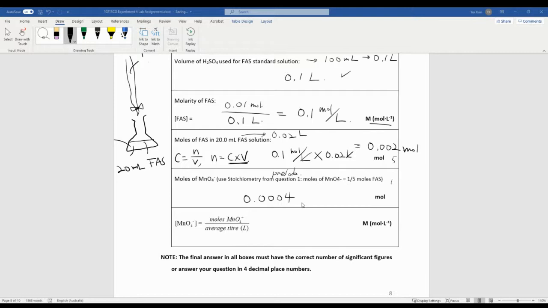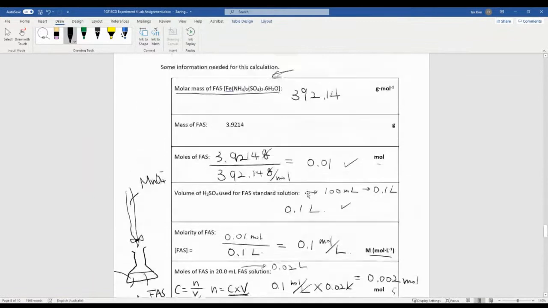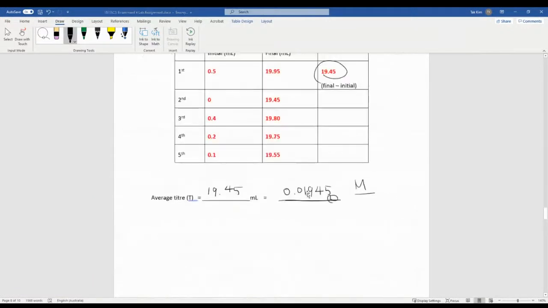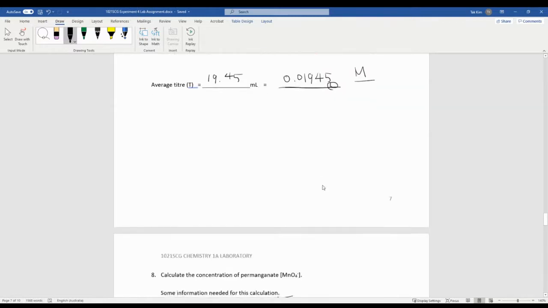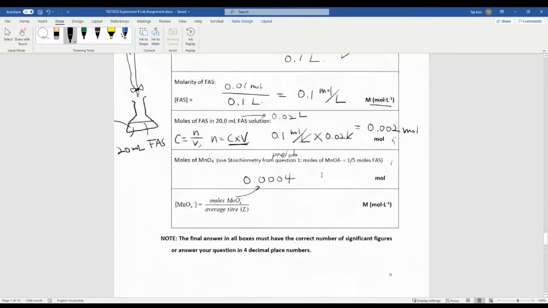To do it, you need the number of moles of permanganate, which is right over here, and then the volume, which was from the average. Over here I have close to 20 mL, but the actual amount I have is 19.45 mL, which is 0.01945 liter.